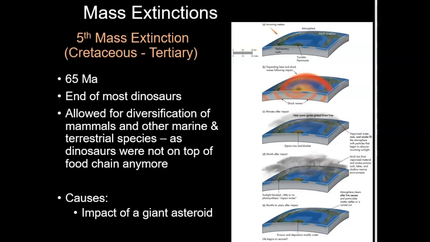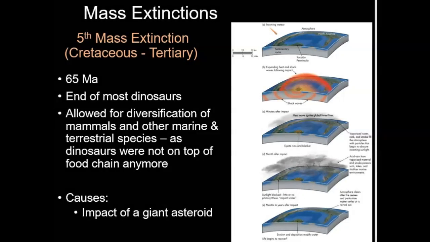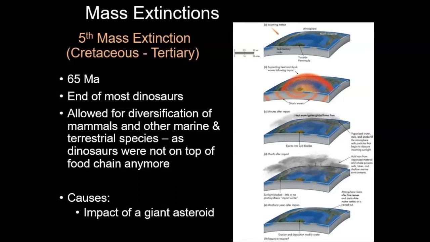These tsunami waves were 300 meters in size. Most tsunami waves are typically on the order of maybe tens of meters. Hundreds of meters are not of this world, if you would. They're not commonly seen.